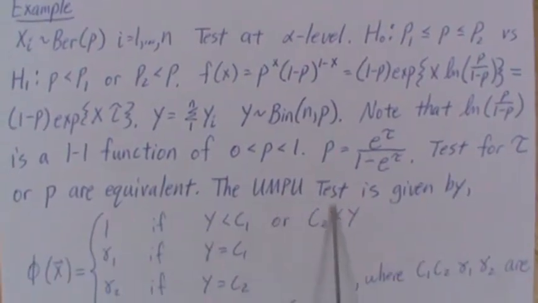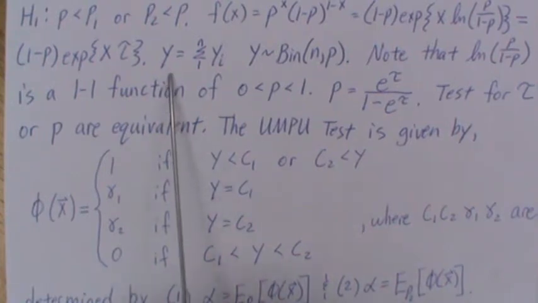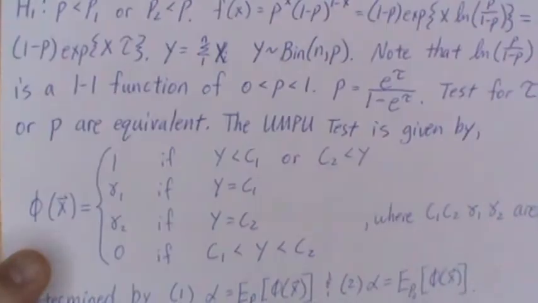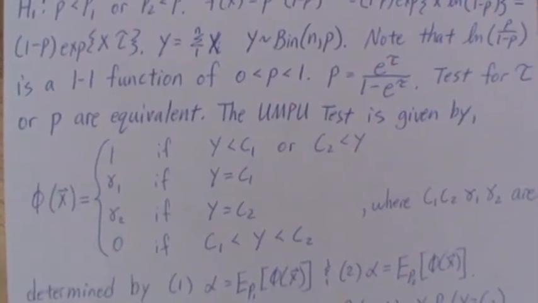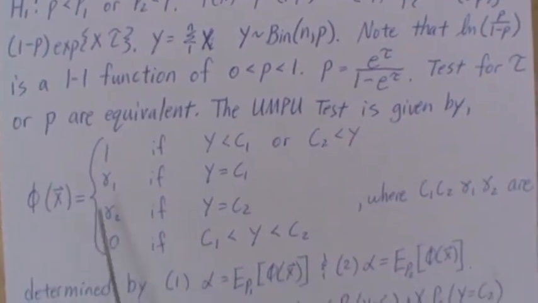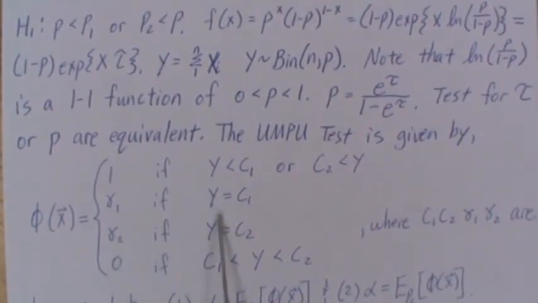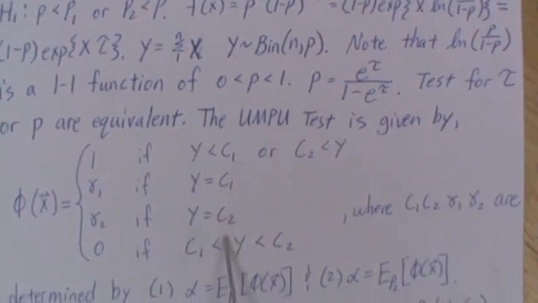And so the UMP test is given by this test function phi. It's a 0 if our test statistic, the sum of the x's, is between the cutoffs. 0 means we do not reject, and then it's gamma 2 if y is C2, and it's gamma 1 if y is C1, and those are our cutoff values that we're trying to determine.